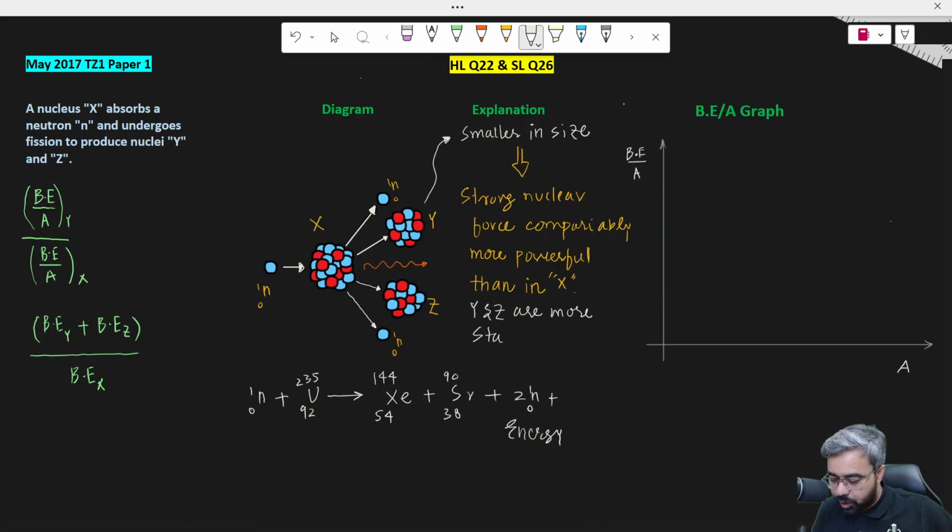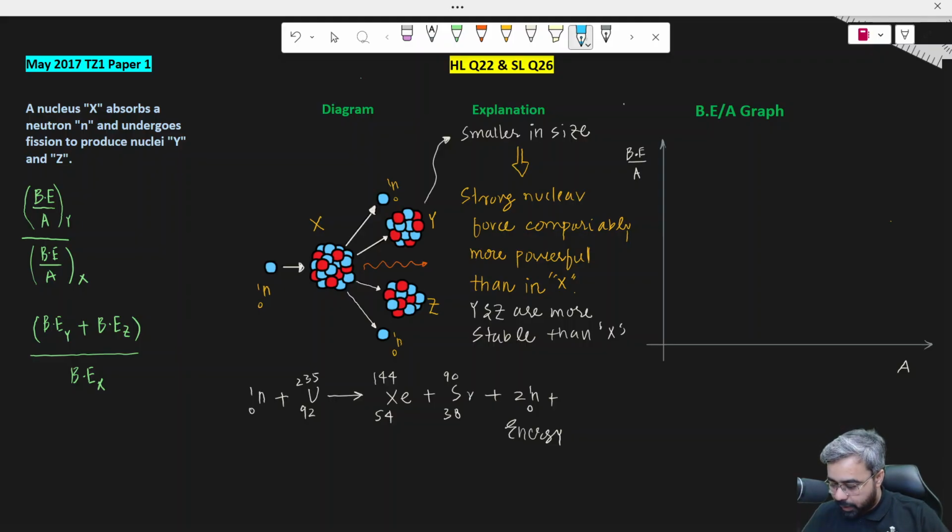I will show you exactly this thing from the binding energy per nucleon graph, which is very important because binding energy per nucleon is a decisive factor which determines the stability of a nuclide. It is not the binding energy, it's the binding energy per nucleon.